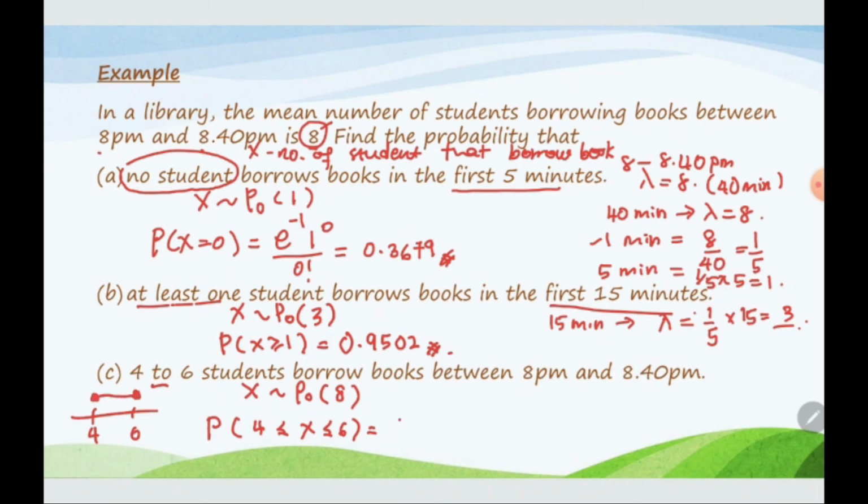So we need to take P(X greater than or equal to 4) minus P(X greater than or equal to 7). So when we read from the table, we got 0.9576 minus 0.6866. So when you subtract, you will get 0.271.